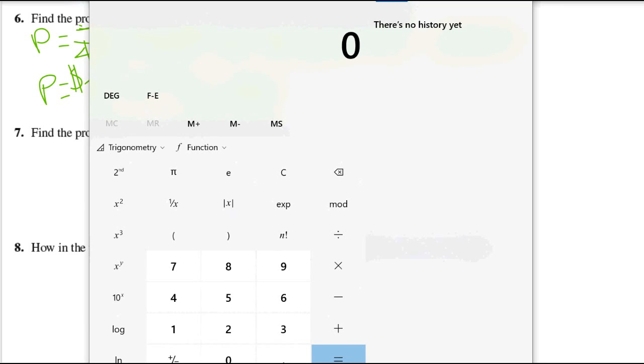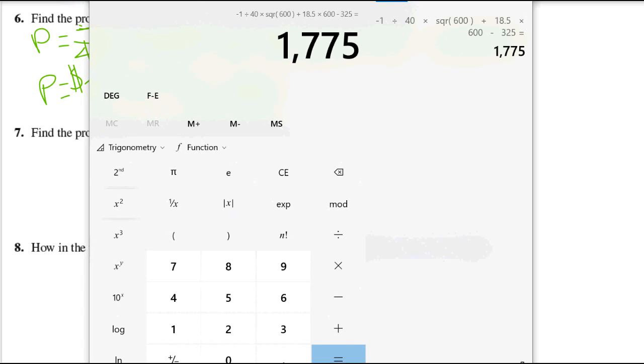So I can do the same thing. 1, make it negative, divided by 40 times 600 squared plus 18.5 times 600 minus 325, 1,175.